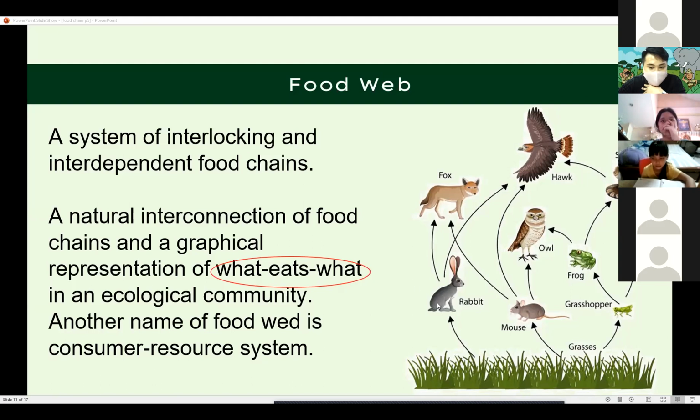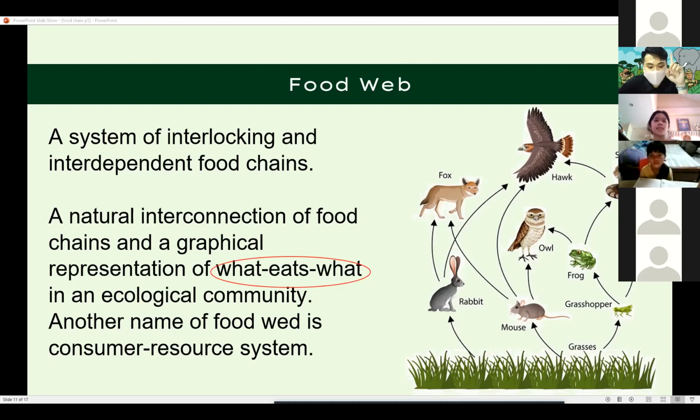We have the rabbit, mouse, and grasshopper. So let's go first here to the rabbit. So this is the first food chain. Grass, rabbit, fox.